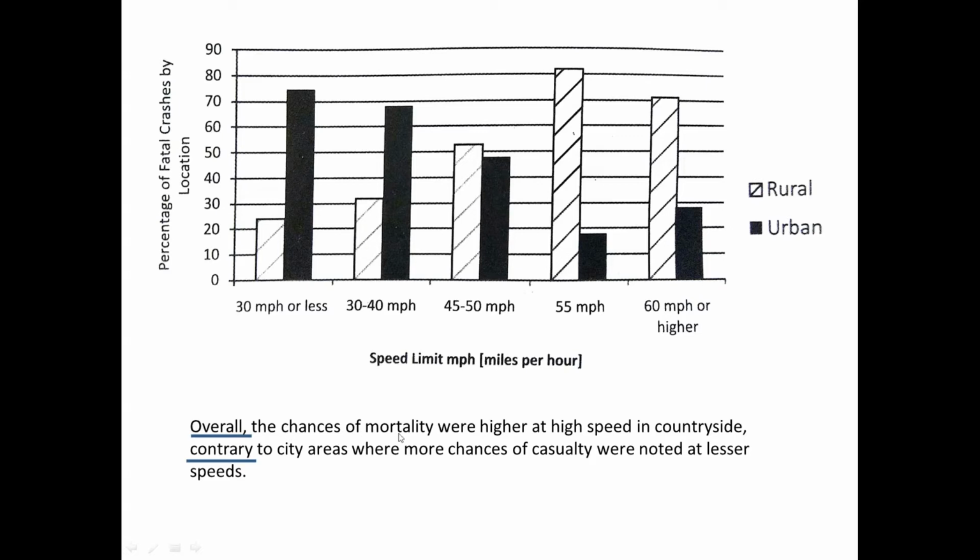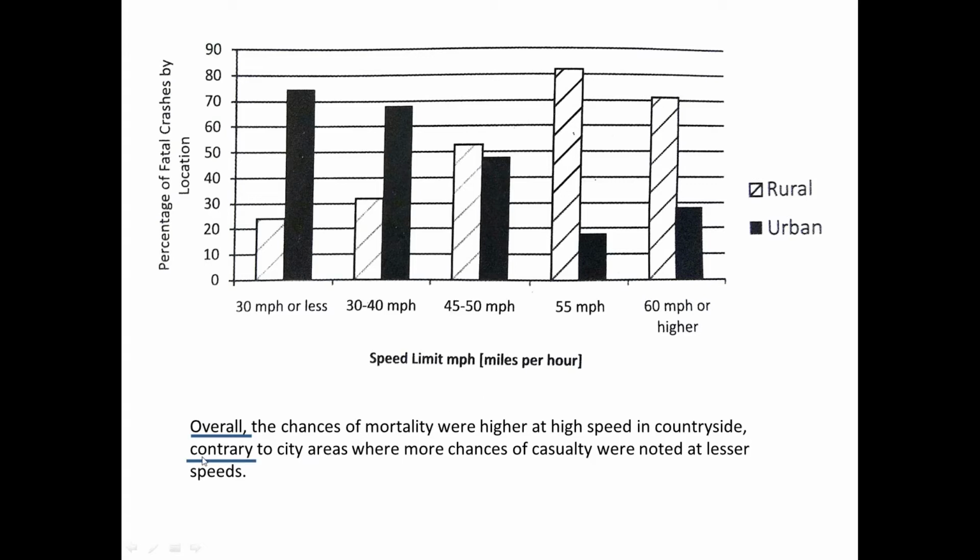Overall, the chances of mortality were higher at high speed in countryside, and contrary to the city areas where more chances of casualty was noted at lesser speeds. So I have used synonyms for rural area as countryside, and I have written city areas as a synonym of urban areas.